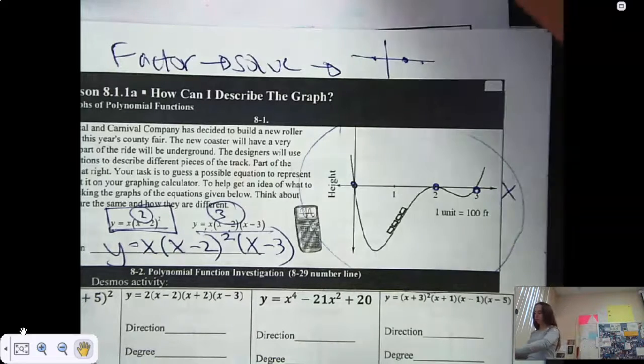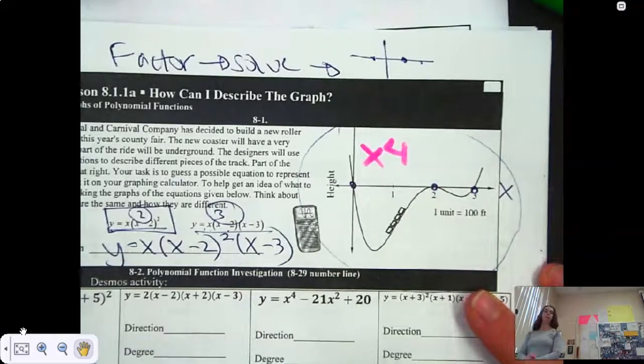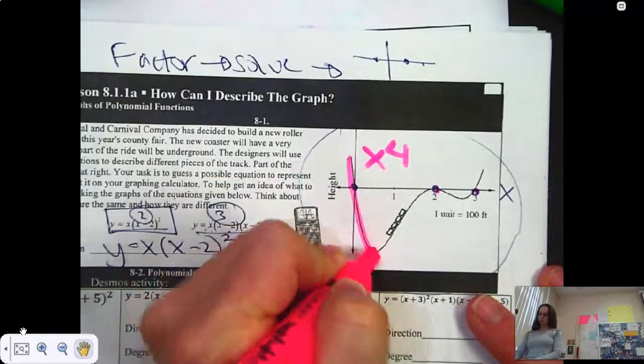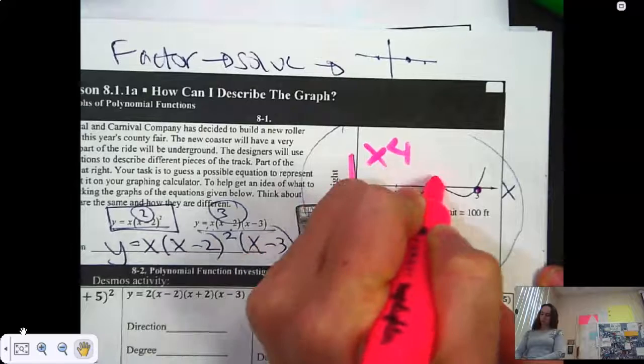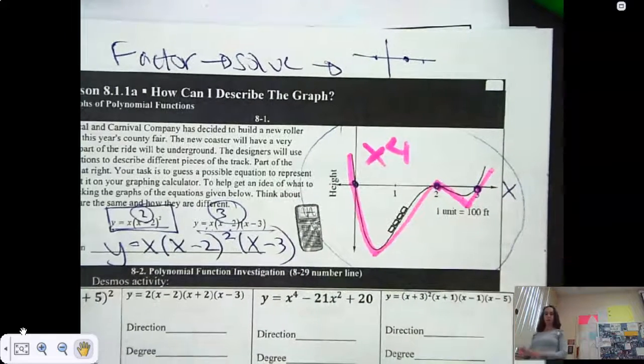So I know that this is actually a degree 4 polynomial, even though it only has 3 zeros. Well, 3 of them are real. Let's look. 1, that's 1. 2, 3, 4. I know it's going to be x to the 4th.